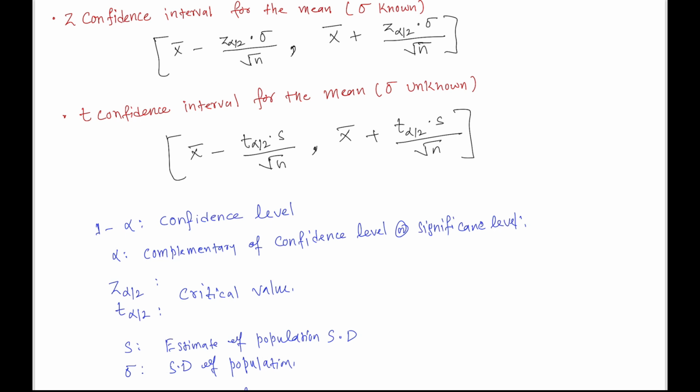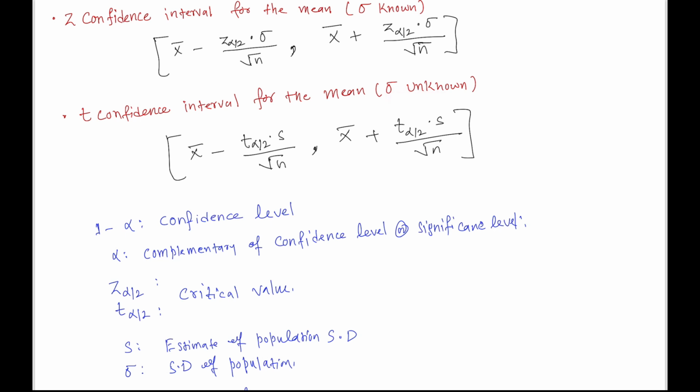If sigma is known, you simply use the normal distribution to find these values, right? In the case of the 95% confidence interval, these values are nothing but the critical value, which we found to be 1.96, and for the 90% confidence interval, the value will be 1.645 if we are using the normal distribution, right?